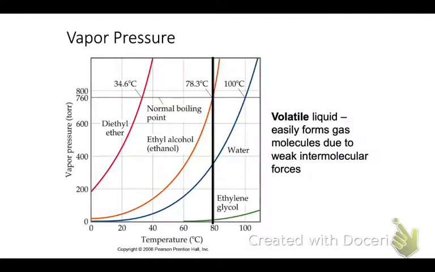Now, volatile liquids are the liquids that easily form gas due to weak intermolecular forces. So what you see here, at 80 degrees Celsius, or it's probably close to 78 degrees Celsius, let's point them here in color.